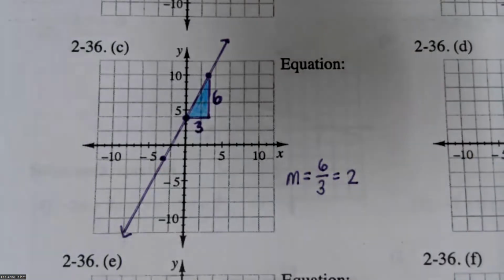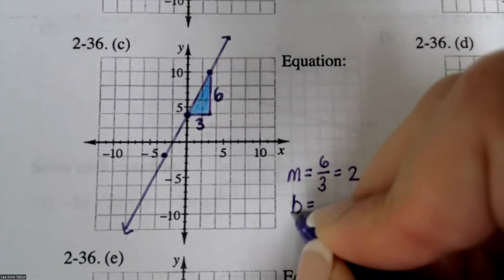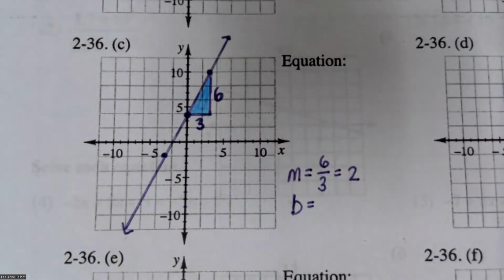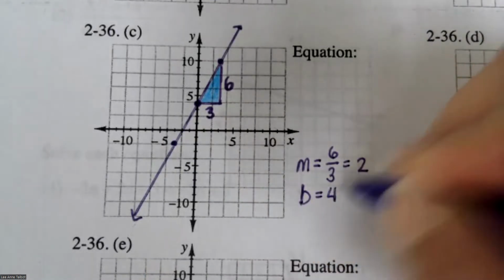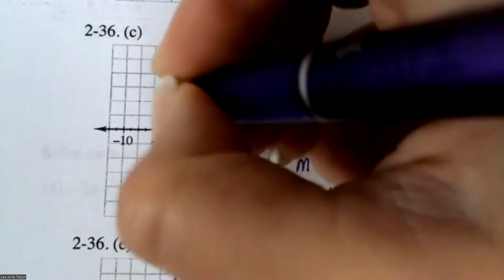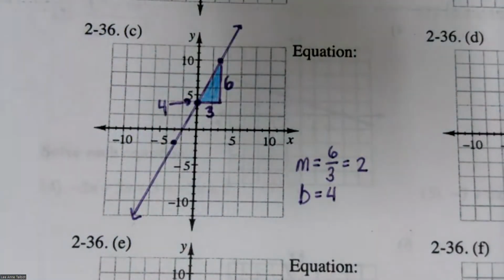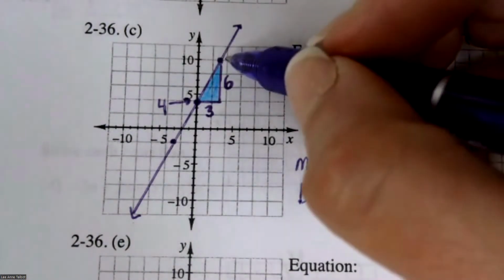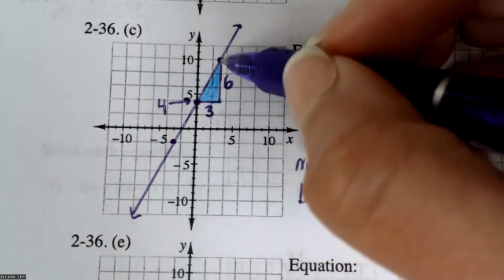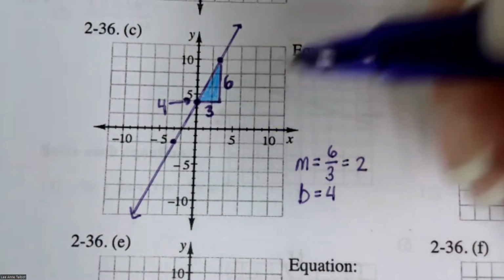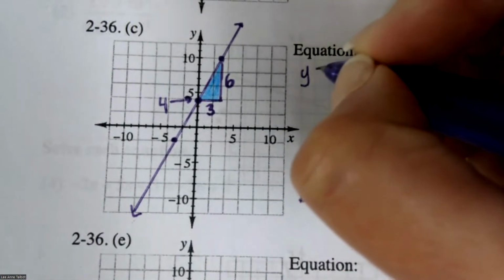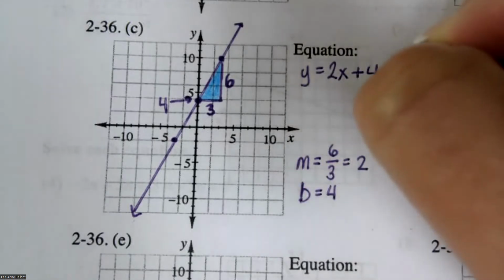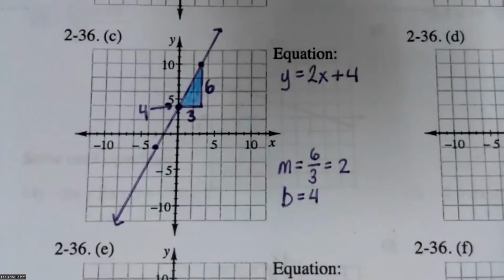So what is b in this problem? 4. b is the y-intercept dot. How did I get that? This was 10 and this was 4, so I just did 10 minus 4 in my head. It's this graph paper. It's just not great. y equals 2x plus 4.